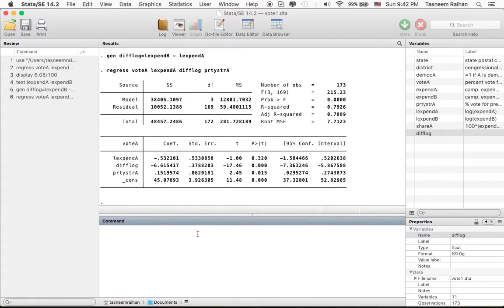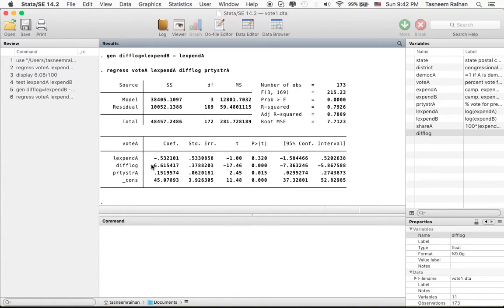Now let's find out the coefficient that we're interested in, which is the coefficient on difflog. We see it's a negative coefficient, and the p-value of that is 0. So it's definitely smaller than 0.05. So this coefficient on difflog is statistically significant.